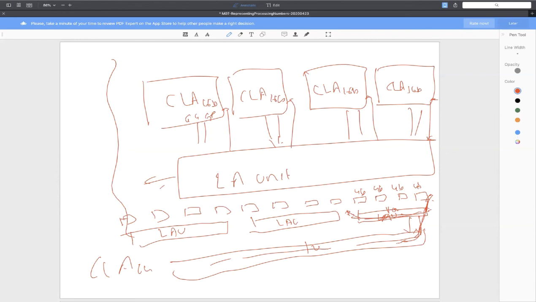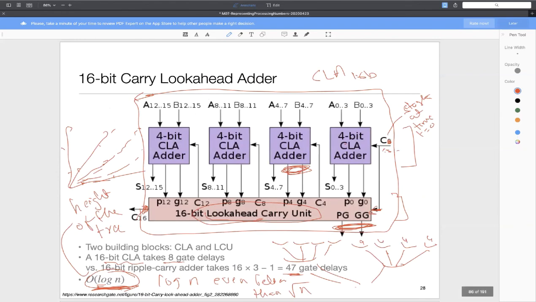I just wanted to give you guys a flavor that these kinds of advanced adders exist. The main takeaway for your future lives, if you ever need it, is that in a carry look ahead adder the delay grows logarithmically, which for a large number of bits really pays off.